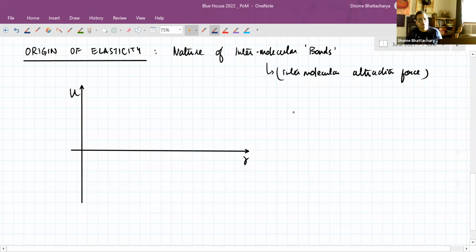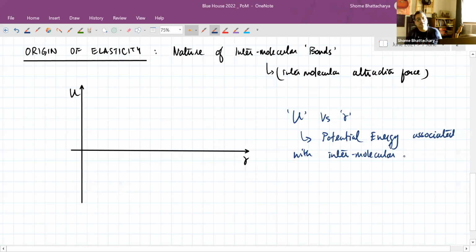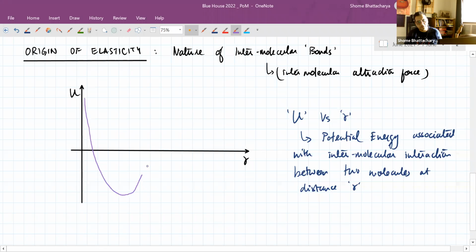So if you look at the graph of U versus R, where U is the potential energy associated with the intermolecular attraction, or you can just say the intermolecular interaction between two molecules at a distance R. Okay, then it's a well documented fact that the potential energy diagram looks something like this.